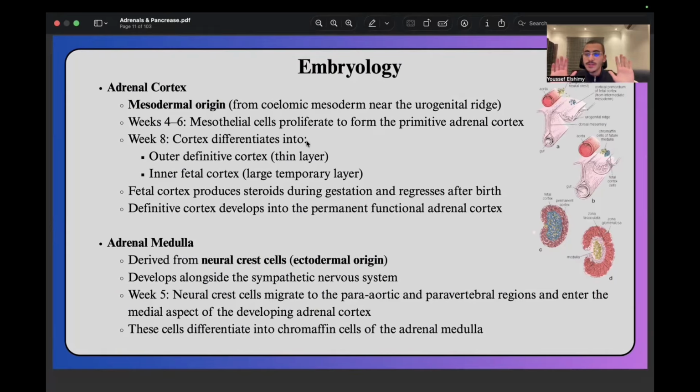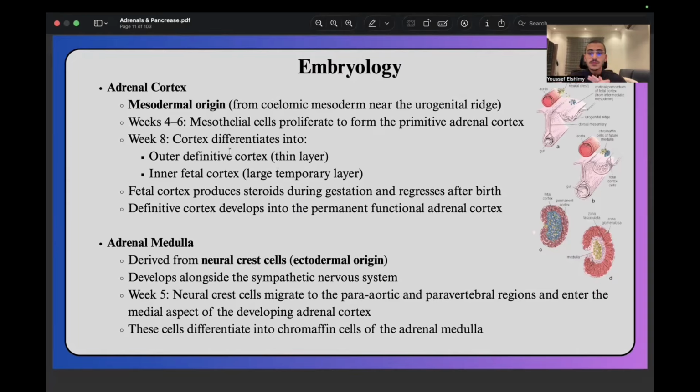This is not the definite or the final, it's just primitive adrenal cortex. And by week 8, this cortex divides into an outer definitive cortex, which is a thin layer. And inside this cortex, we have an inner fetal cortex that is large and temporary.